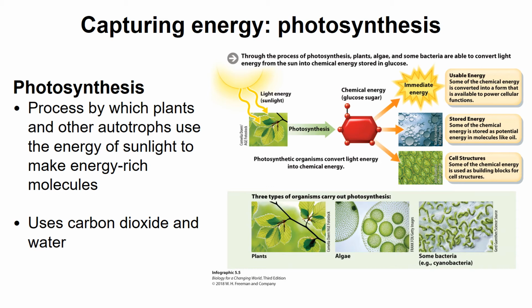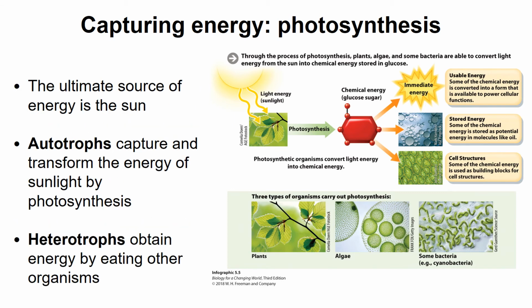An autotroph is any organism that is able to produce its own food. In the case of plants, they actually use the energy from the sun in order to produce, in this case, carbohydrates. They basically use carbon dioxide and water in order to produce carbohydrates.